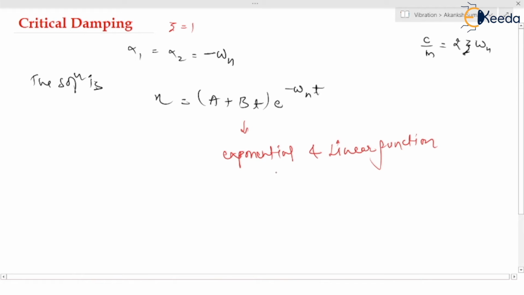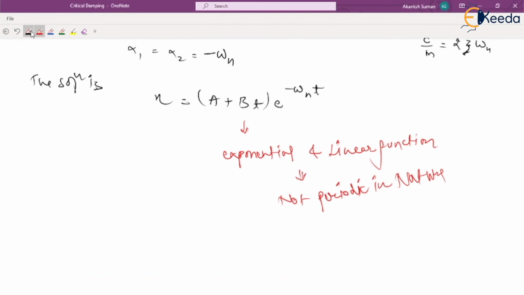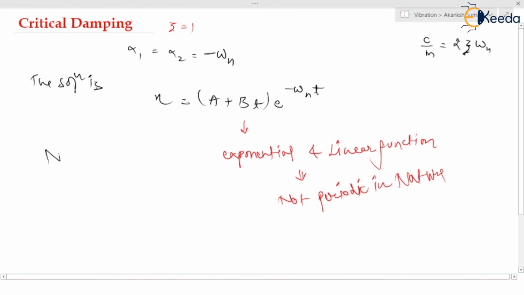So we all know that exponential is not periodic in nature, as well as linear function is not periodic in nature. So we can say both are not periodic in nature. So we can say this critical damped system is not a vibratory system, and we know that this is not periodic in nature. That means in the critical damping, there is no vibration.